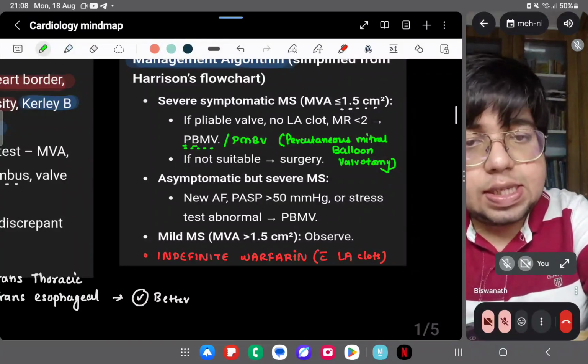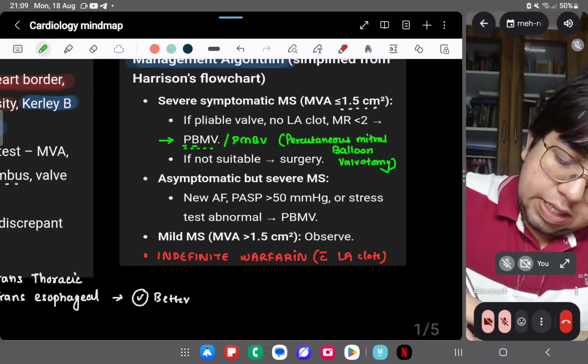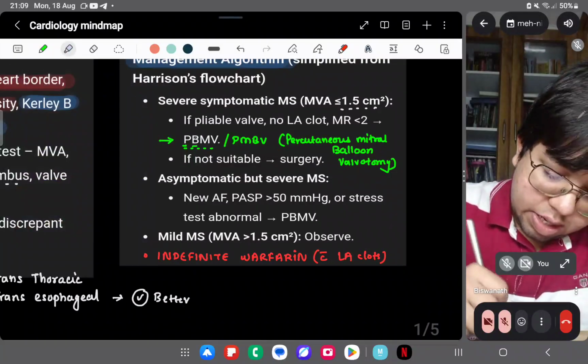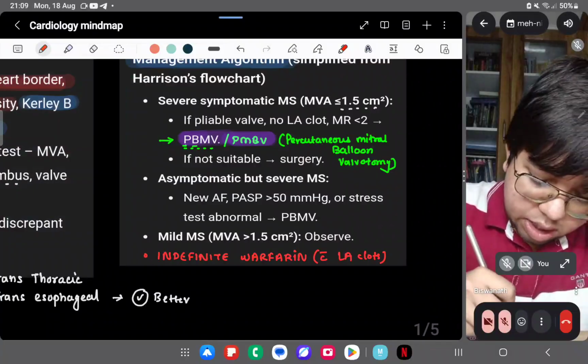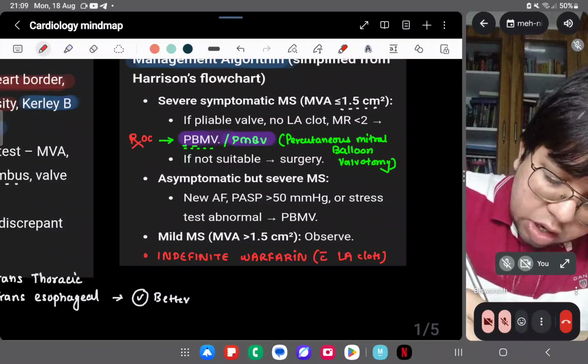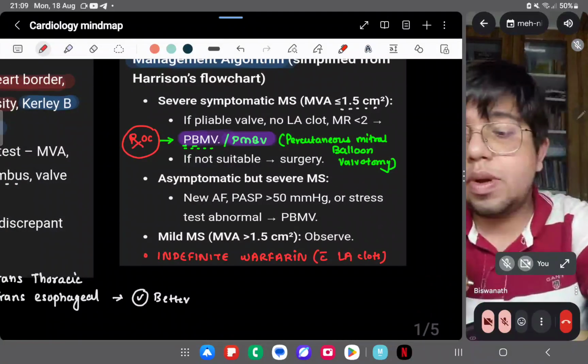So this is the treatment of choice. This PMBV, or PBMV, is the treatment of choice. I'm writing RX OC.